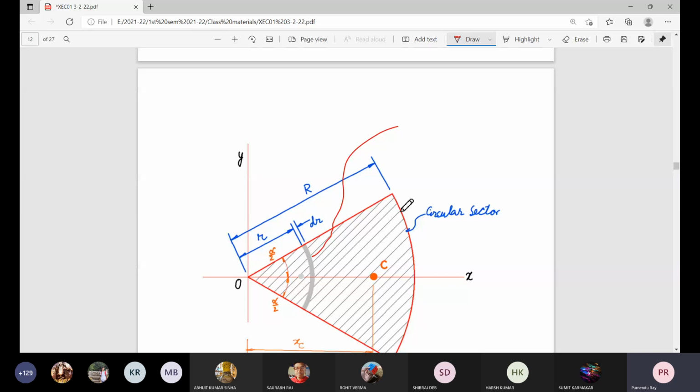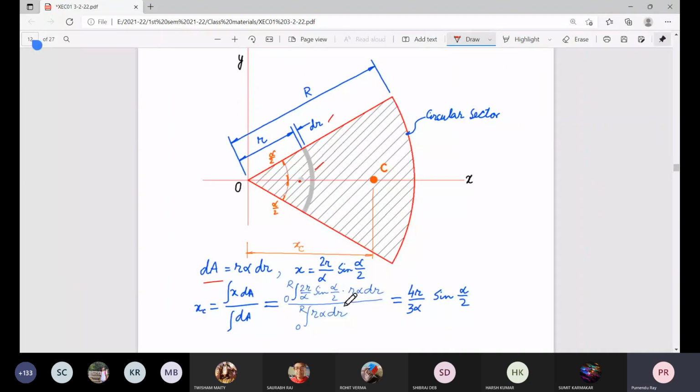Now, if you want to check it, you can have a quick look at this integration. R alpha gets cancelled. Only one variable r is there. One alpha as constant in the denominator. Then integration of sine half alpha dr, etc. So when you integrate, it comes in this form.